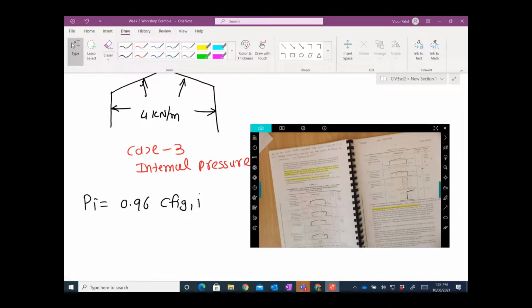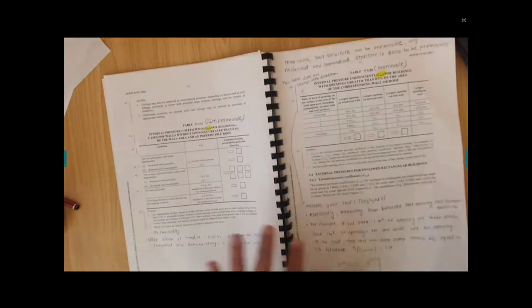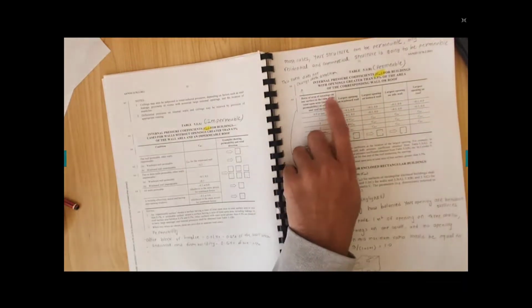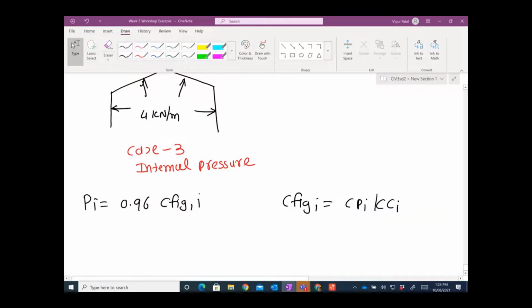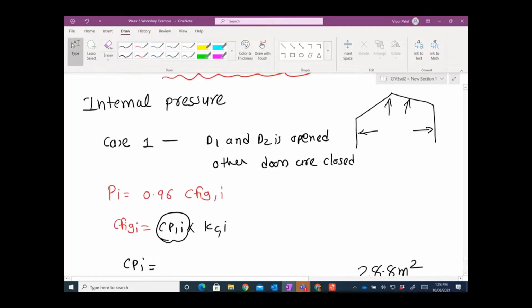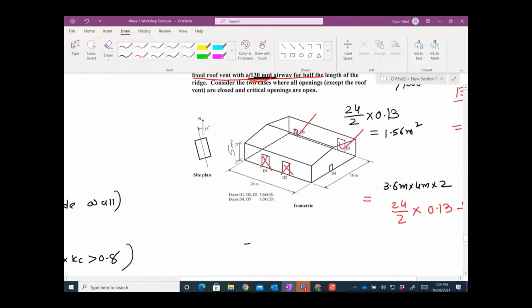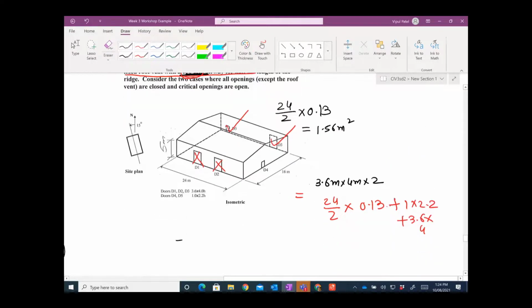Now in that case, again we need to calculate the ratio, right? Because we have only two tables for CPI. This one completely closed, no opening. Here we keep the door open. So we again need to calculate the open area ratio. So for that case, let's do the opening ratio here again. The opening business, this will stay the same, this 1.56.